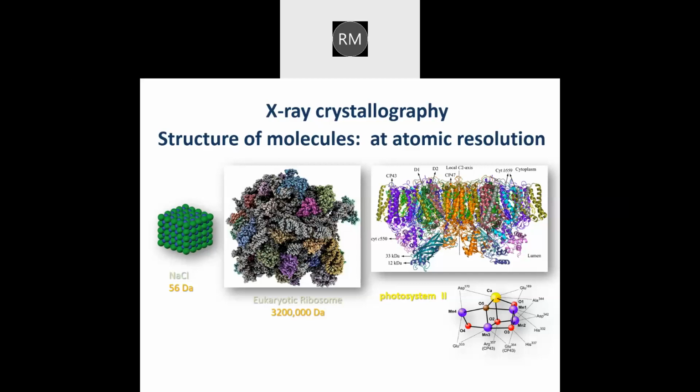Then photosystem 2, which is composed of so many components: proteins, different photoreceptors, metal centers, and different associated proteins.